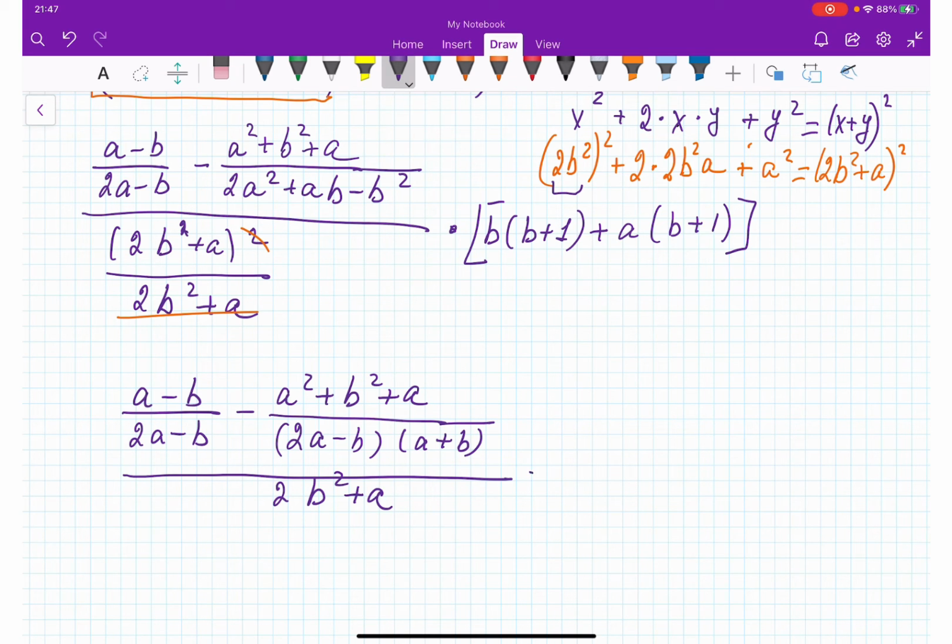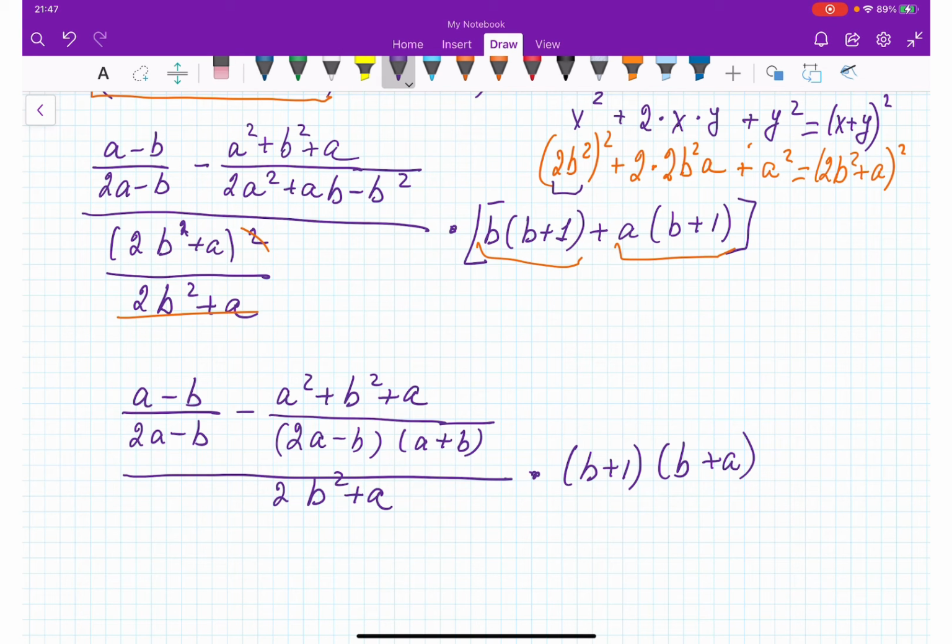Okay, and times, here it's going to be b plus 1. And what will be left from this first term? It's going to be left b, right? And from the second term, if I take b plus 1 out, I will have left a.